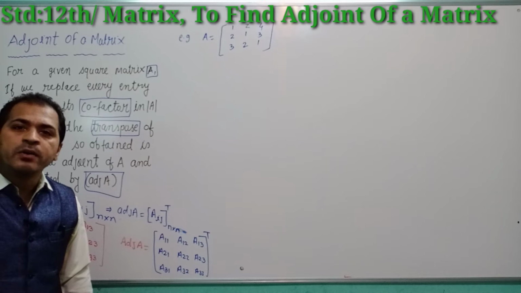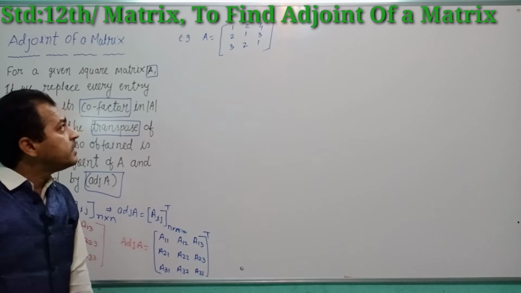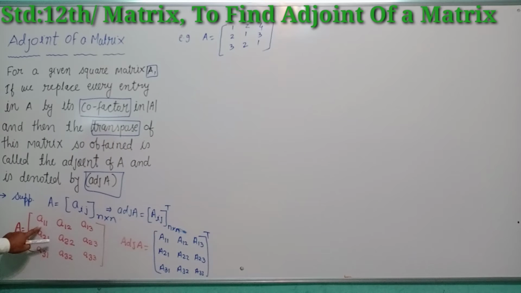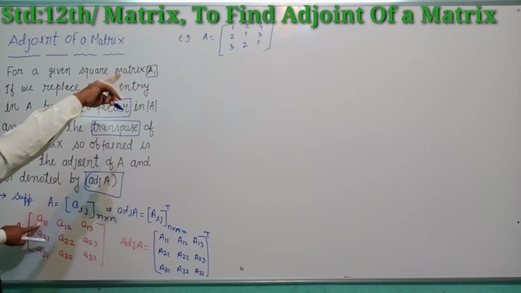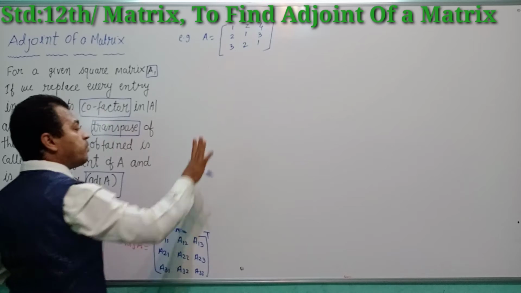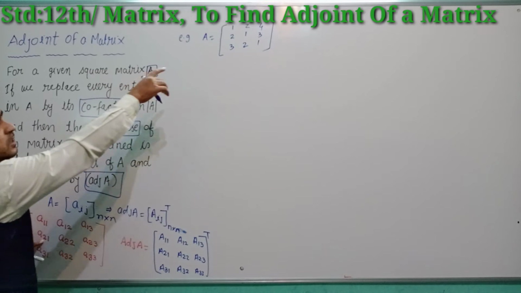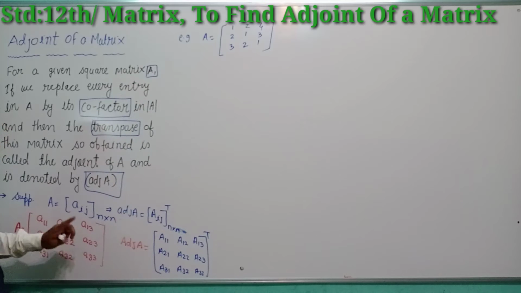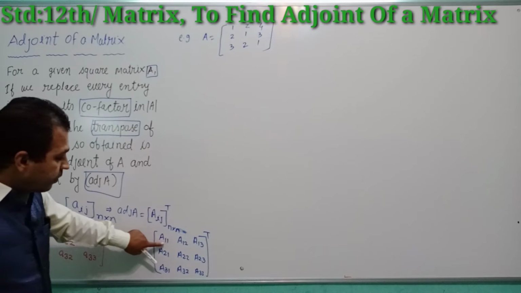So first of all, students, A11 is 1, A12 is 2, A13 is 3, A21 is 2, A22 is 1.